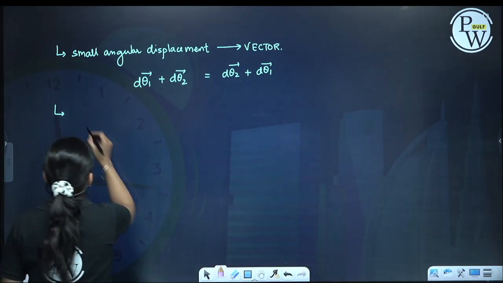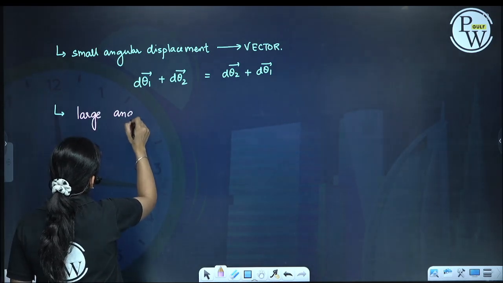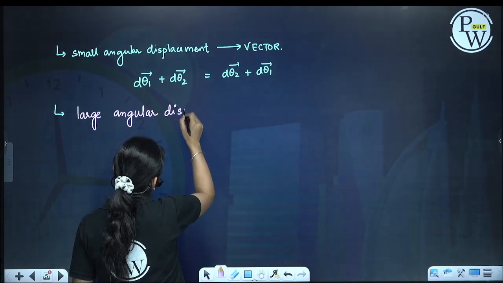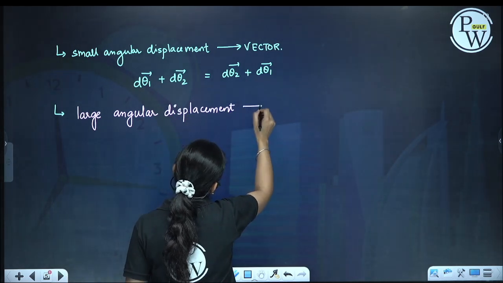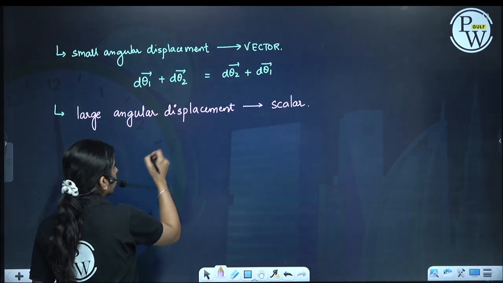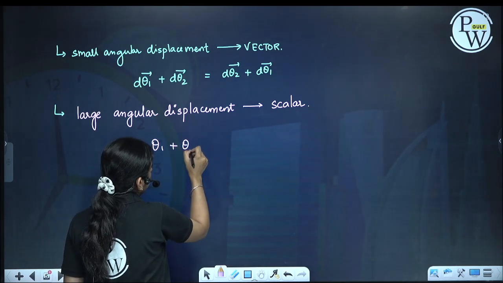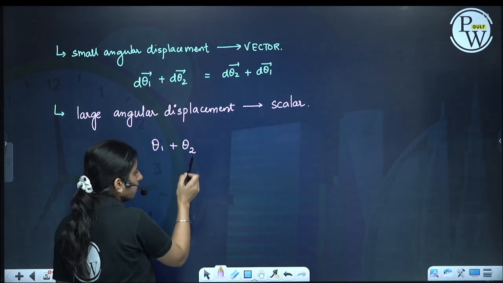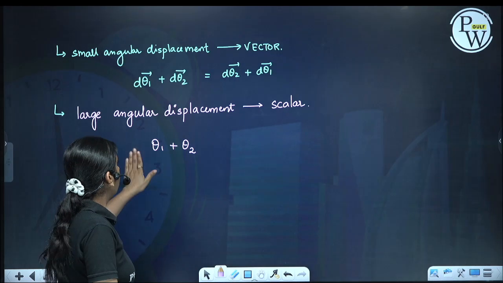That's why large angular displacement is a scalar quantity. Large angular displacement is a scalar quantity. Theta 1 plus theta 2 is not equal to theta 2 plus theta 1, okay.